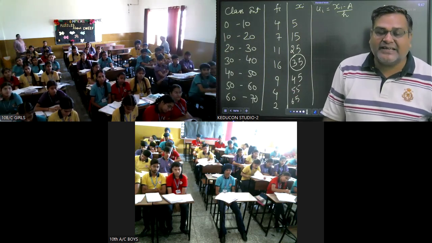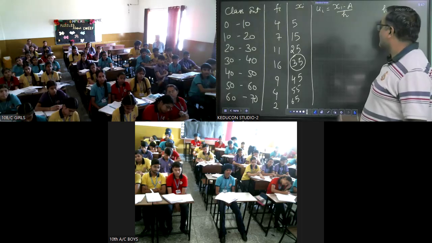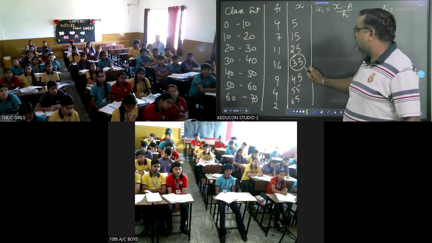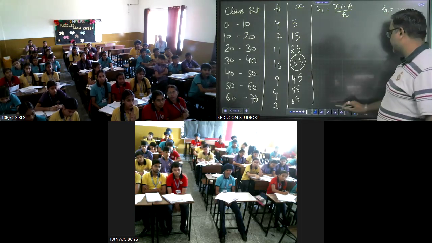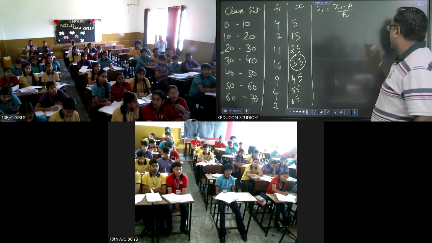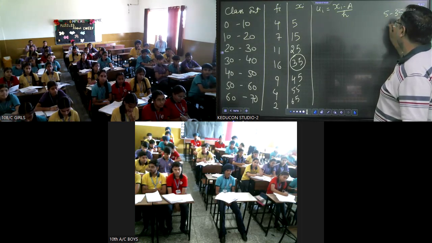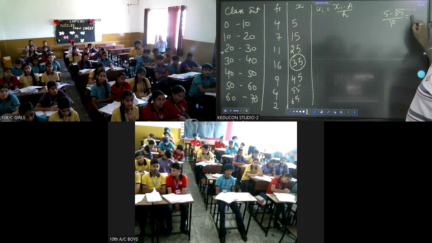This method is used where we have big terms, to make the calculations easy. So what will be ui? xi, that is 5, minus 35 upon 10. What does it become? Minus 3.